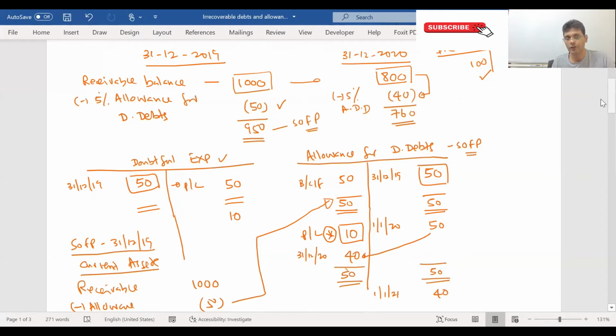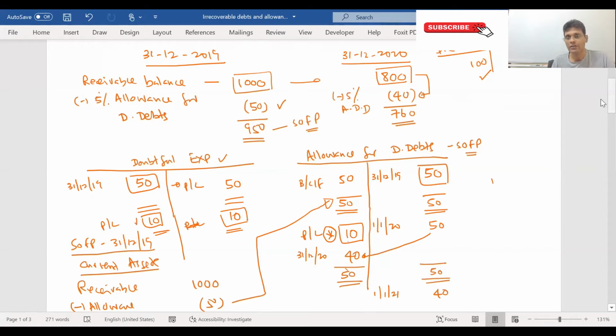So therefore you need to reduce, and therefore you need to debit this account, you need to credit the profit and loss account. So doubtful debt expenses account will be credited, and this will be transferred to the profit and loss account. So 10 will be transferred to the profit and loss account. Profit and loss account will be credited with this 10.